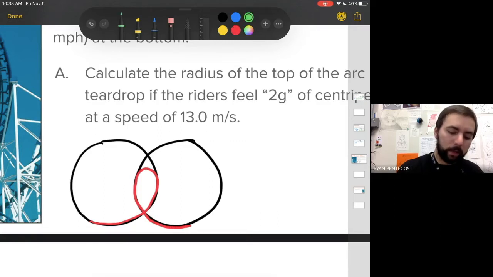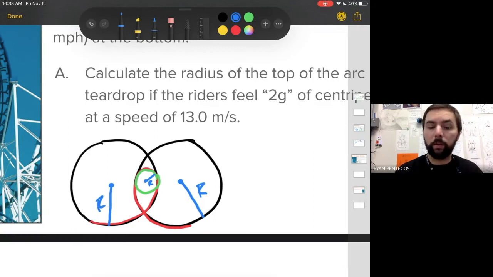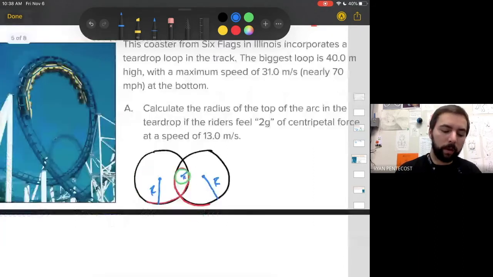Now, this section here has its own circle that we can analyze with its own radius r right here. These circles also have their own radius r going out as well. So this is a clothoid loop, very similar to a teardrop, right, that we're using here.